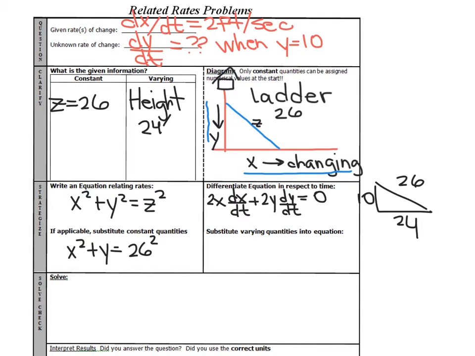So we end up with 2 times 24, times dx/dt, which is 2, plus 2 times the height of the ladder we want to know, 10, times dy/dt, which we do not know. That's what we're solving for, and it is equal to 0.